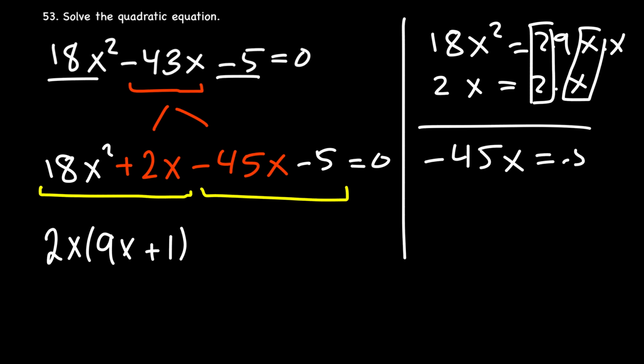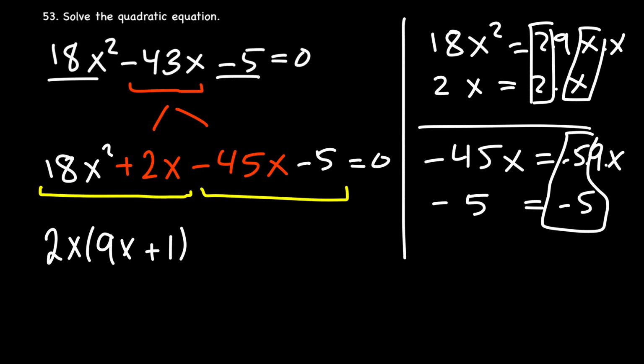Next, I have to look at the second group, which is negative 45x, which is equal to negative 5 times 9 times x, and negative 5 is basically negative 5. So from here, I can take negative 5 as greatest common factor. This is the first factor, and the second factor is whatever is left: 9x plus 1 equals 0.